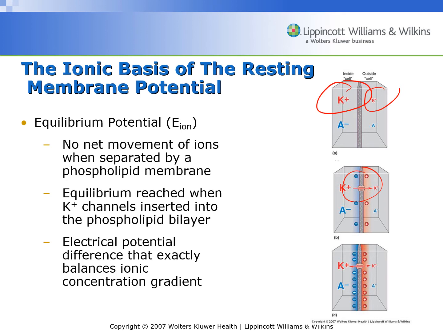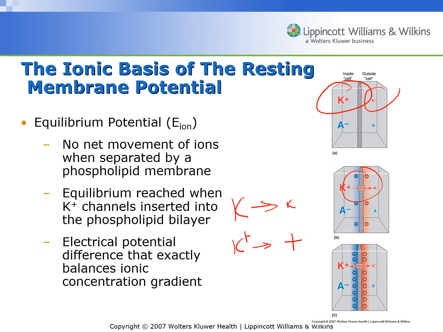But there's a higher concentration of positive charge outside the cell. So even though potassium might be moving this way based on its concentration gradient, big K to little k, because outside the cell is more positive, and the potassium is moving into that positive direction, that's going to slow it down, right?